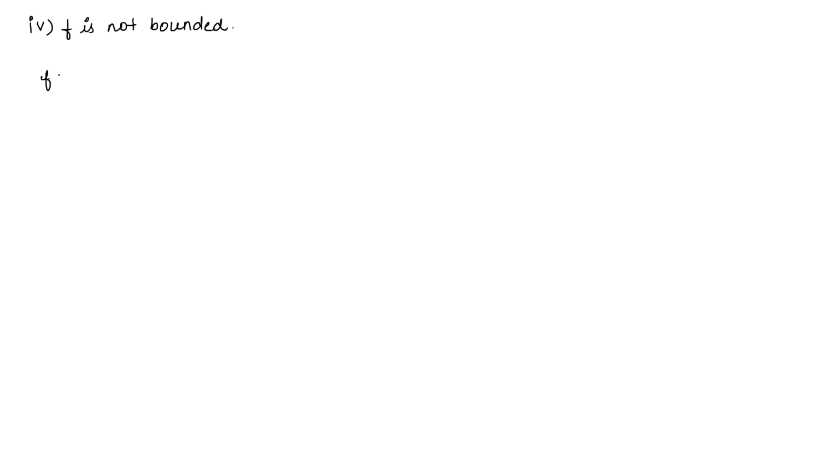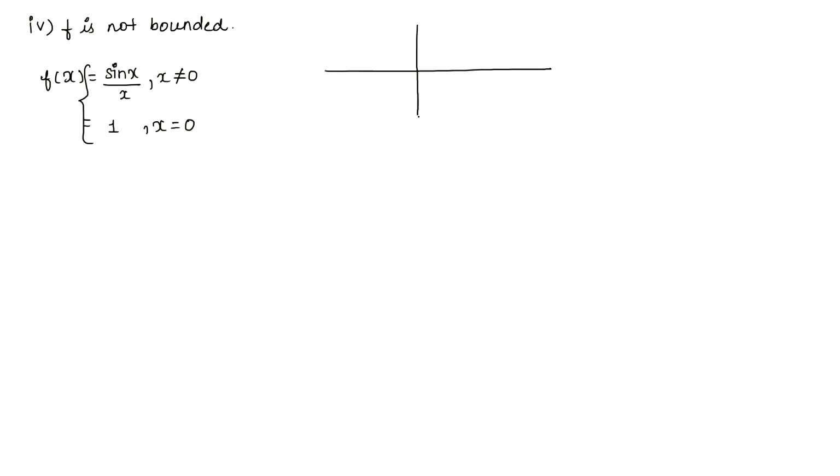The function is, again let me write it, sin x by x if x is not equal to 0 and is equal to 1 if x is equal to 0. This is the function available. So if you consider the graph of sin x, it is like this.